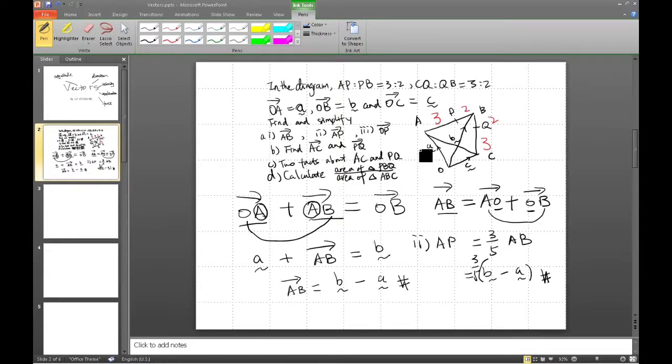Last one, part 3. We are asked to find OP. So what is OP? Let's form an equation linking two vectors so that we can find OP. I'm drawing OP in the diagram in this direction. As we can see, OP is nothing but vector OA plus AP. I hope you can understand how I form vector equations right now.